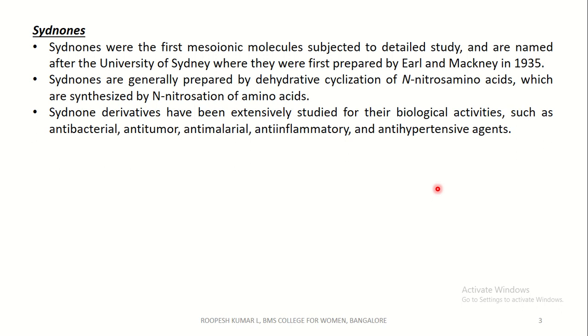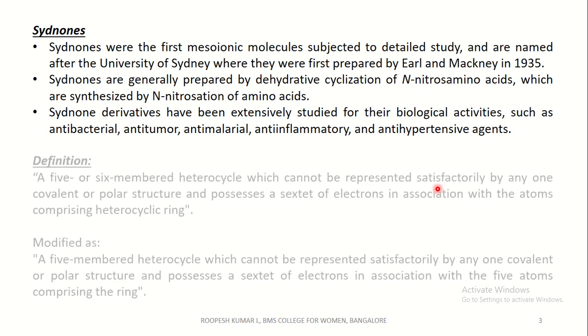Sydnones are generally prepared by dehydrative cyclization of N-nitrosoamino acids, which are synthesized by N-nitrosation of amino acids. Sydnone derivatives have been extensively studied for their biological activities, such as antibacterial, anti-tumor, anti-malarial, anti-inflammatory and anti-hypertensive agents.